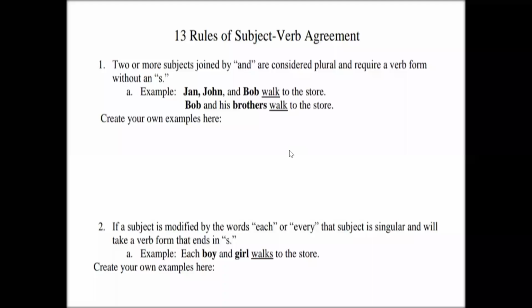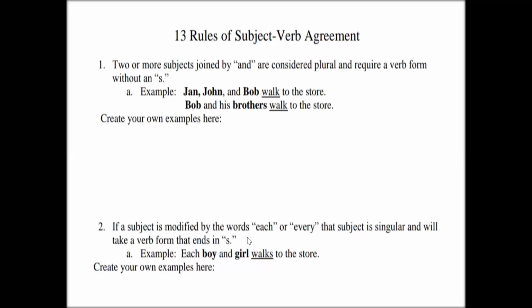Now, don't get confused with rule 1 or rule 2 because they are related to each other. Suppose here in rule 2, if we ignore each and we see boy and girl, it will become plural because we are combining two subjects with the word and. But because it is also preceded by the word each, we will ignore the rule of and and follow the rule of each and every.